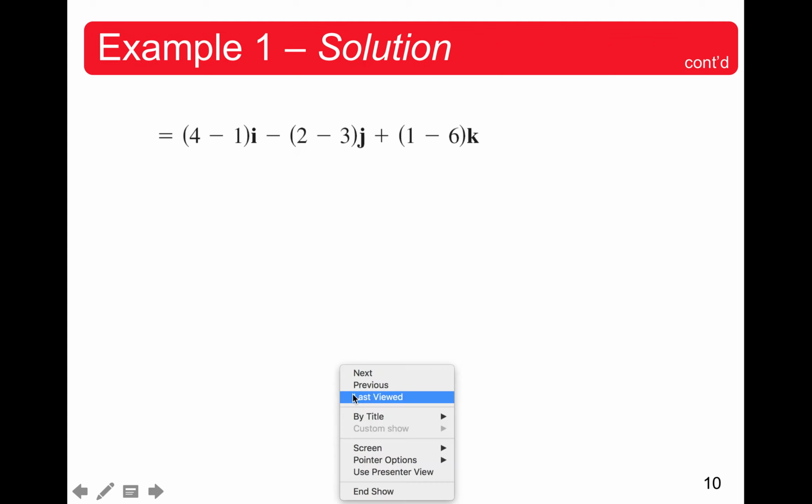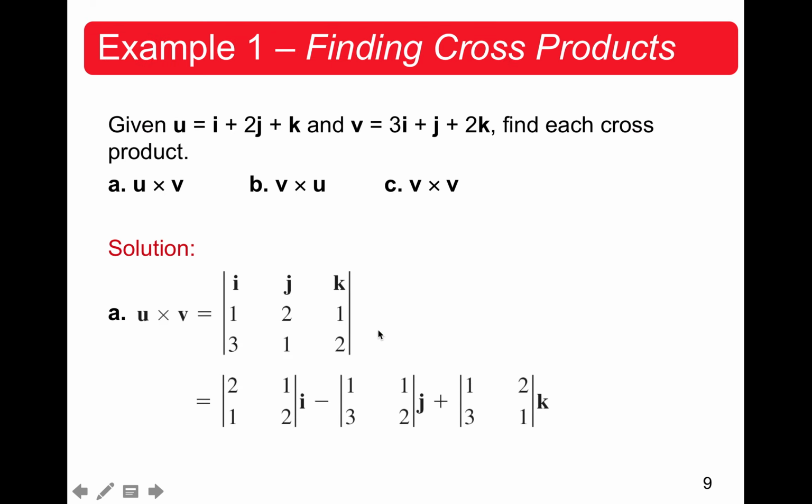Minus, if we block out the j row and column, it's 1, 1, 3, 2. And then plus the k, so we block out that, it'd be 1, 2, 3, 1. So we're going to find each of these determinants. If you think about how you find the determinant of a 2x2, we take 2 times 2, which is 4, minus 1 times 1, which is 1. So this would be 4 minus 1.